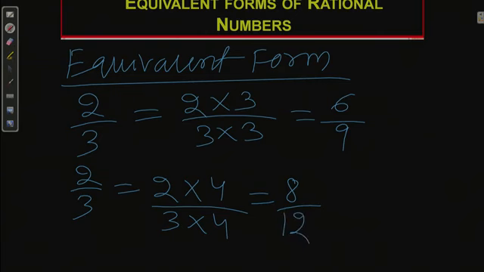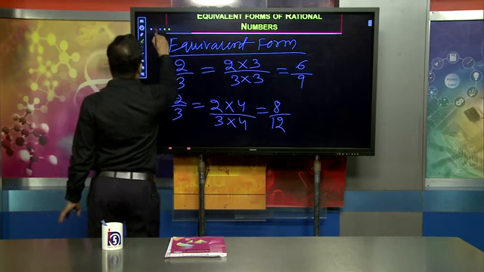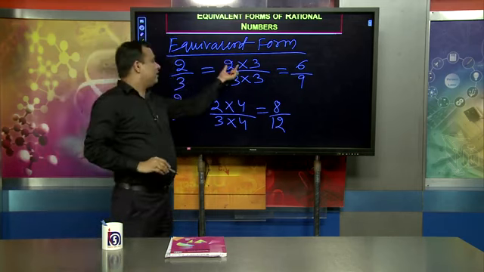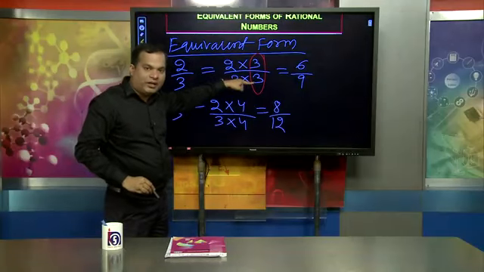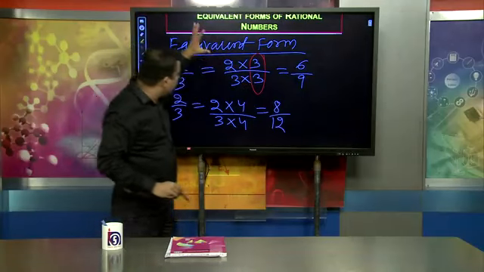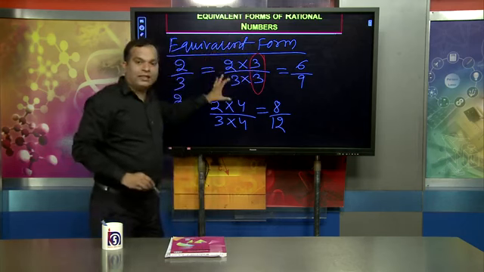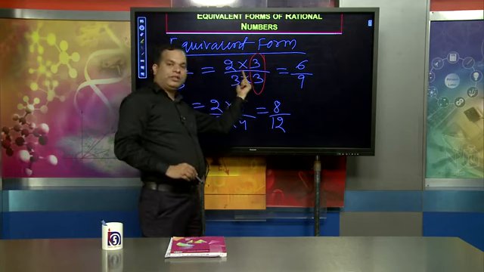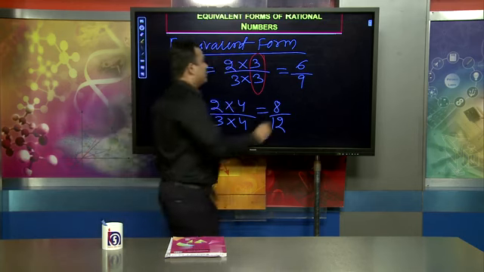What do you observe? In 2 by 3, the numerator was 2 and the denominator 3. A constant quantity is multiplied with both the numerator and denominator. The original was 2 by 3; 3 is multiplied with the numerator and 3 with the denominator, so we get 2 by 3 equal to 6 by 9.